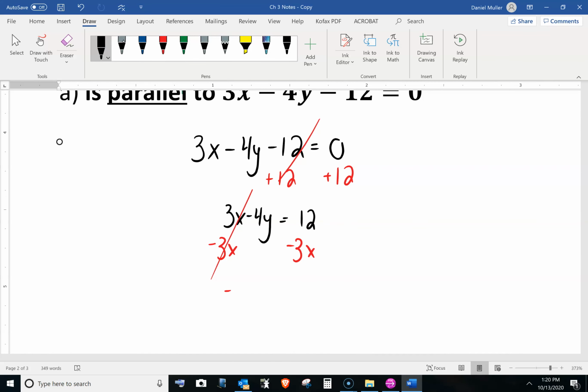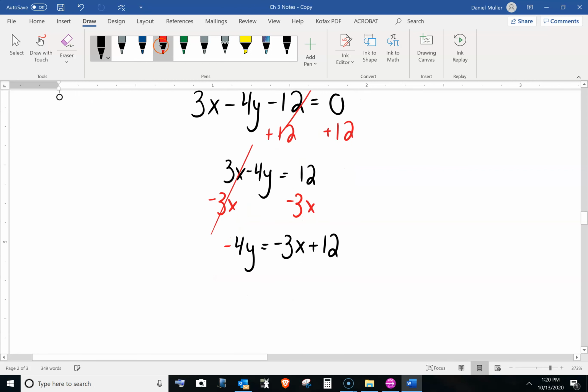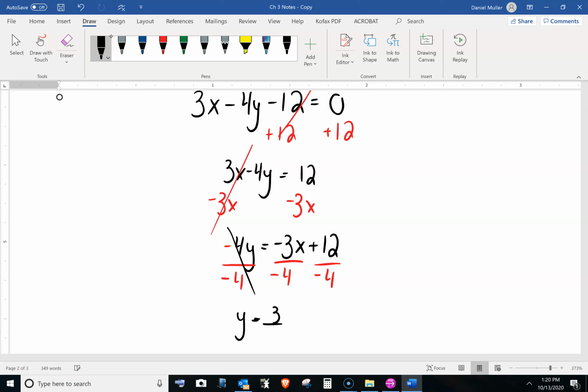So then I've got negative 4y equals, I'll write the x first, negative 3x, and then the 12. And then I can divide all of these things by negative 4. So y equals, negative over negative is positive, 3 over 4x. 12 divided by negative 4 is negative 3.